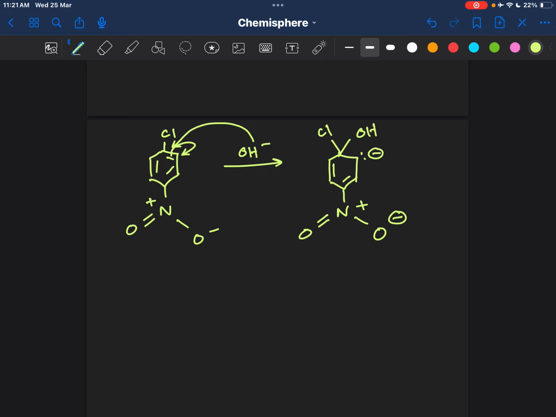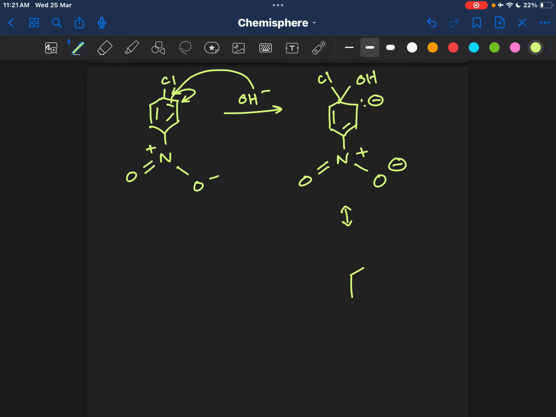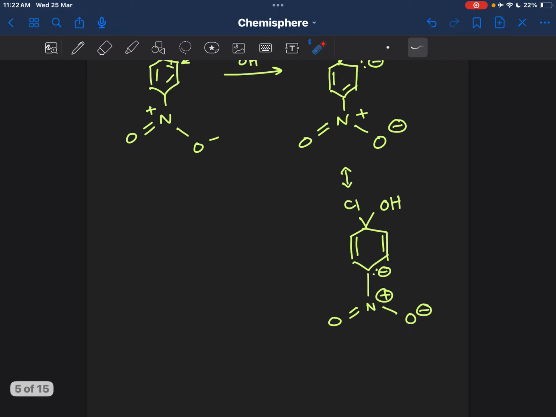Okay, so the next resonance structure will be Cl, OH, double bond, negative charge, N double bond O, single bond O minus, and plus, and this, right? And the next step will be these electron pairs, they became a pi bond here, and this pi bond became a lone pair there.